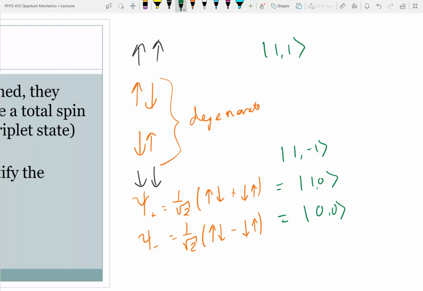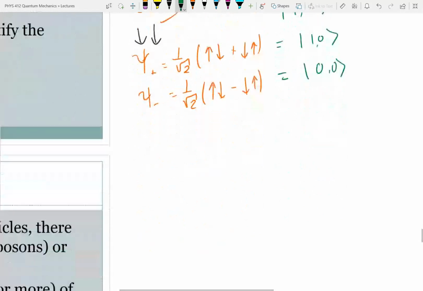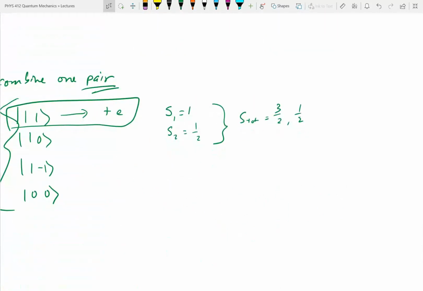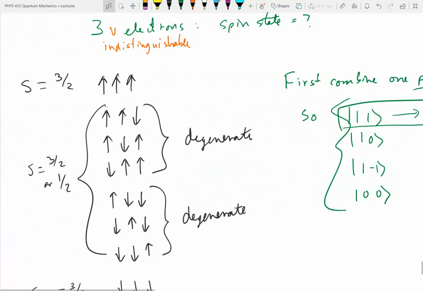So those are the states that we've already found. And so now I'm going to use those as saying I'm adding this. And of course, you're going to find that it comes out to be complicated, but you should have how many total states.